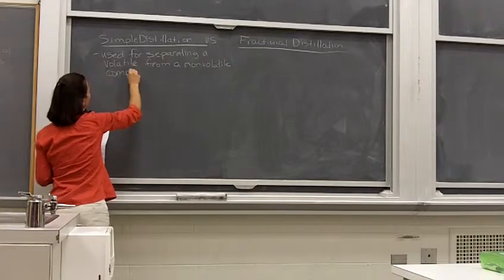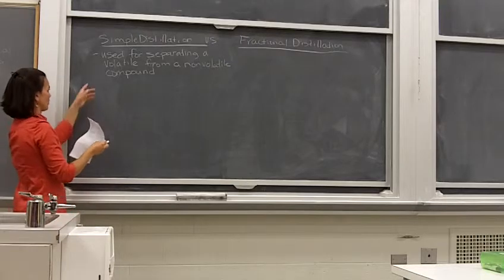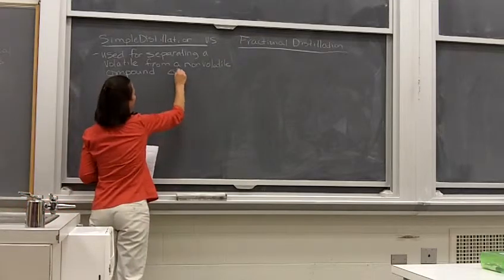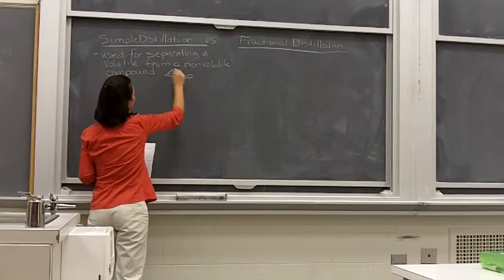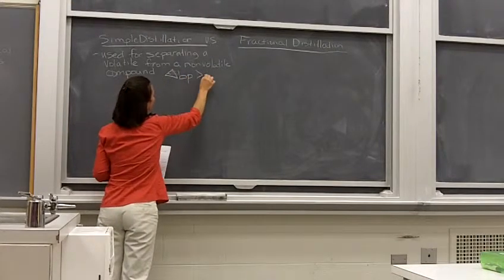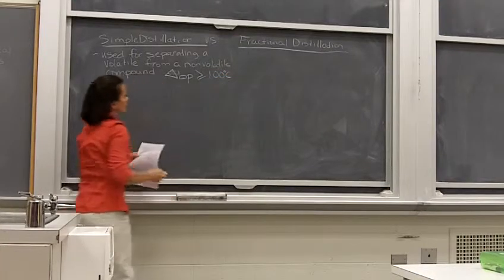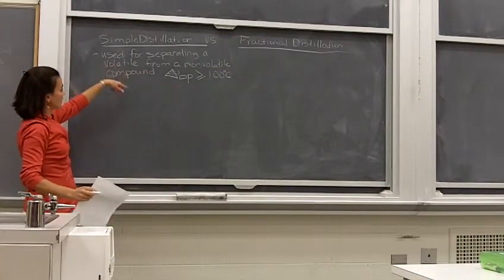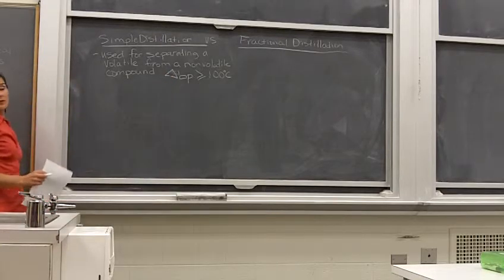So you need a really large difference in boiling points for a simple distillation to work. You want the difference in the boiling points between these two components to be at least 100 degrees different.